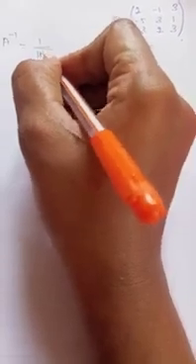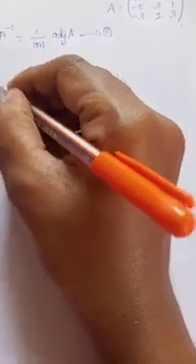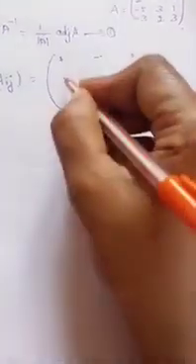A inverse is equal to 1 by determinant A into adj A. Let me keep it as equation number 1 because we need to find adj A. In order to find adj A, we need to find first the cofactors A_ij. As I said, we can put the signs plus, minus, plus, then minus, plus, minus, plus, minus, plus.